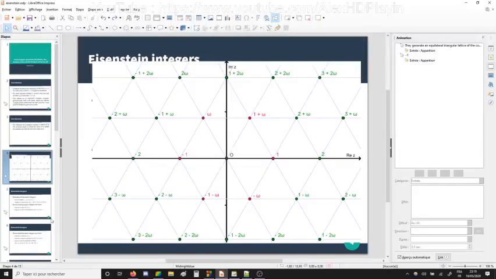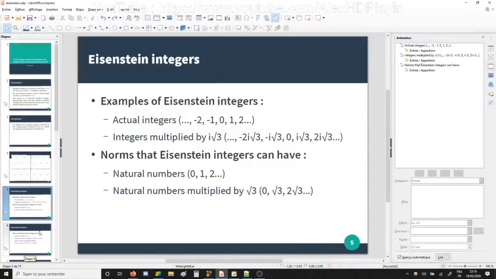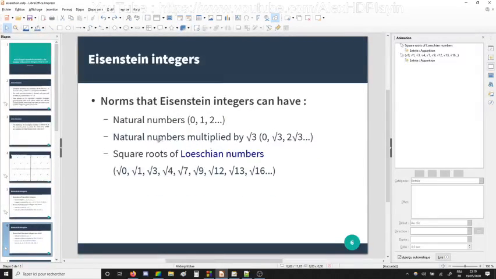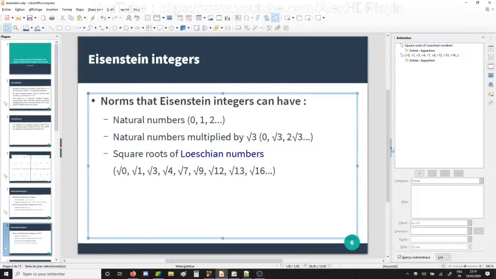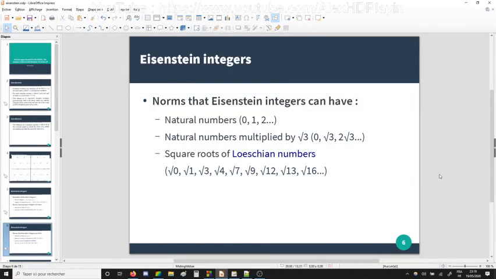There are some more, but you need to show they exist, so yeah. But here's the whole set. It's the set of square roots of Loeschian numbers. And this gives you all the norms that Eisenstein integers can have.